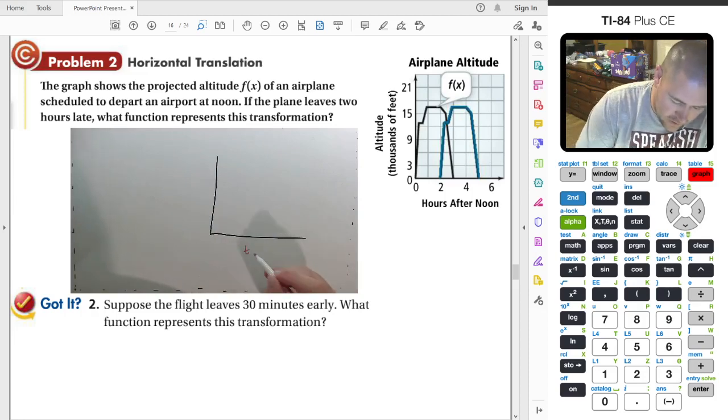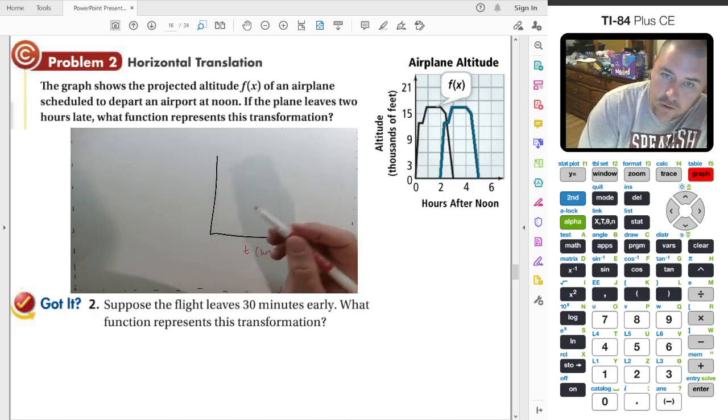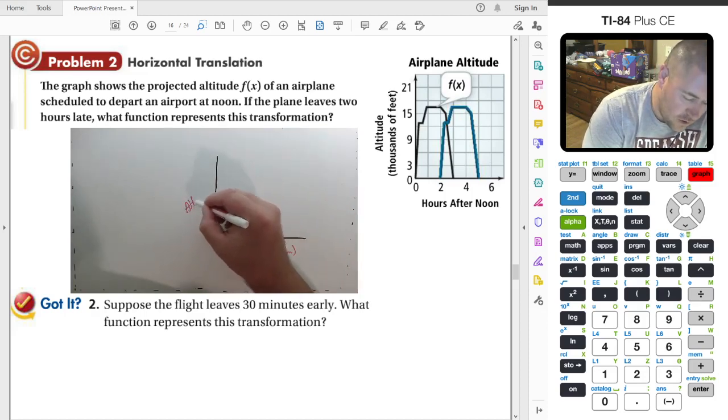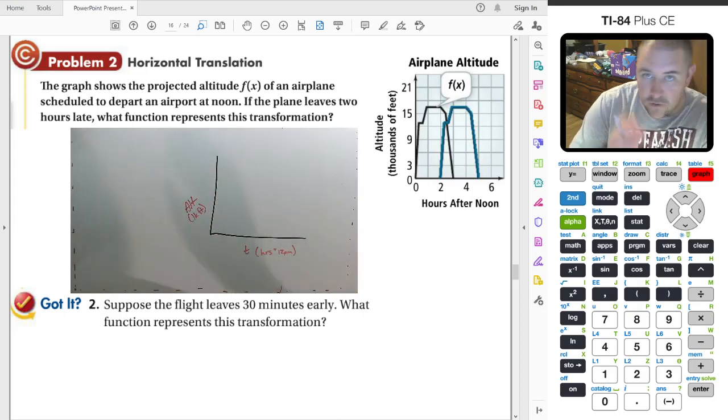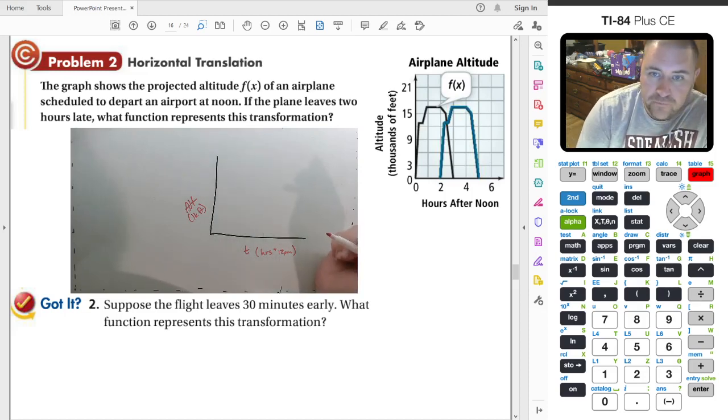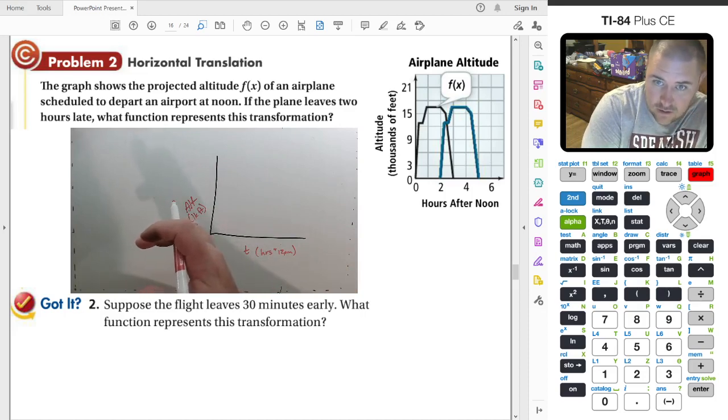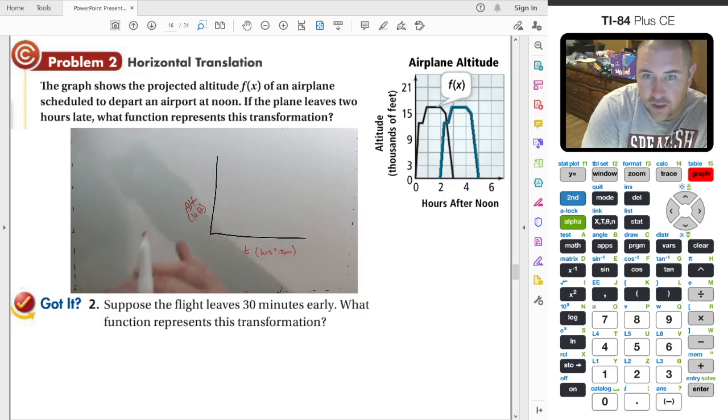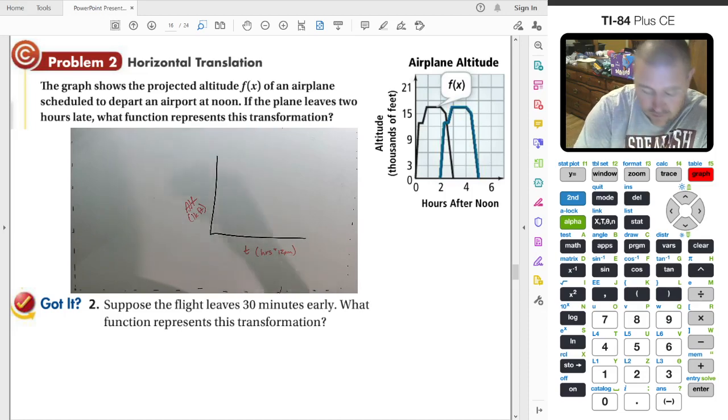So here's my time in hours after noon. Here's my altitude, and you notice that they say in 1,000 feet. They're telling you that because if I just had 3,915, well, that'd be a really low flying airplane. So if this shows time and height, do you understand why the plane is showing this particular graph?